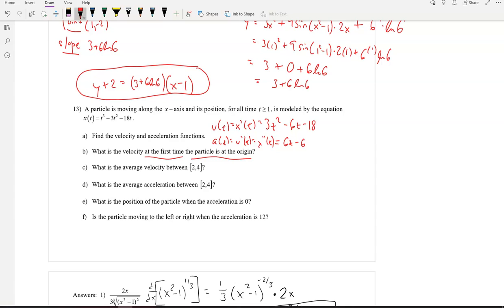What should we do first here? We eventually want to find a velocity, but we have some other work that we need to do first. And this is where the difficulty in position, velocity, acceleration problems comes in, in my opinion: interpreting the English into math, right? So where should we start here with letter B?